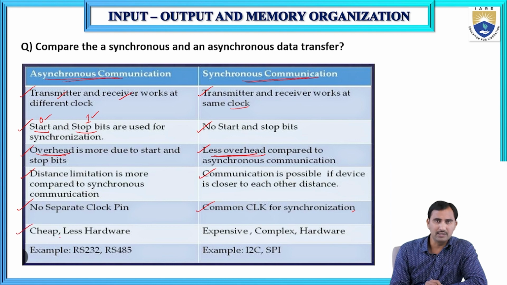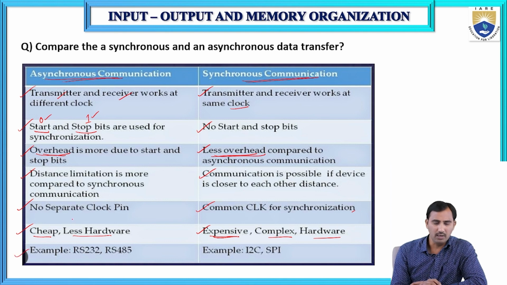And next, asynchronous communication is cheap and needs less hardware, and synchronous communication is expensive because we need to use some synchronization circuits between the transmitter and the receiver, because in synchronous communication, synchronization plays a vital role. So that's why we need to use the synchronization circuits, which makes synchronous communication expensive with complex hardware.